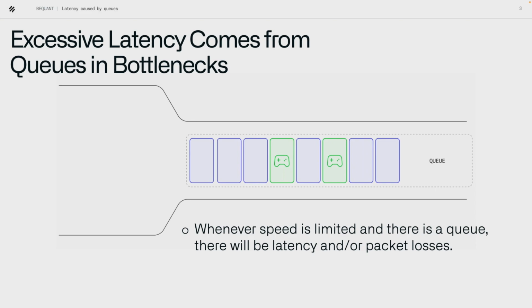So what's the origin of latency? Latency comes from queues in bottlenecks. Whenever there is any kind of speed limitation, whether it is because of congestion or because you are enforcing a rate plan, there is usually a queue where packets wait because packets are coming from the internet at a higher speed than what the bottleneck allows, and the packets accumulate in the queue, and they have to wait.